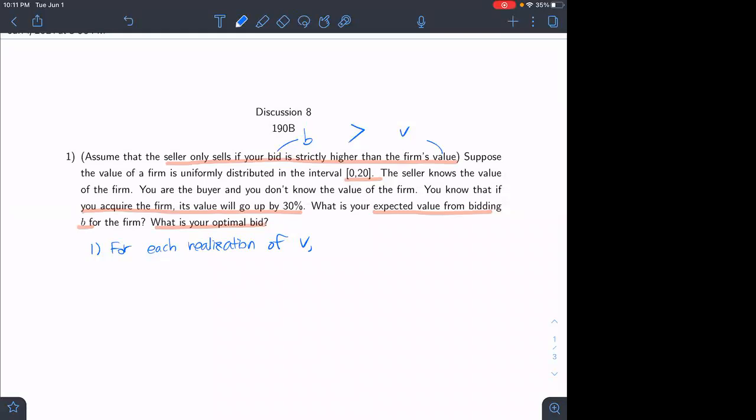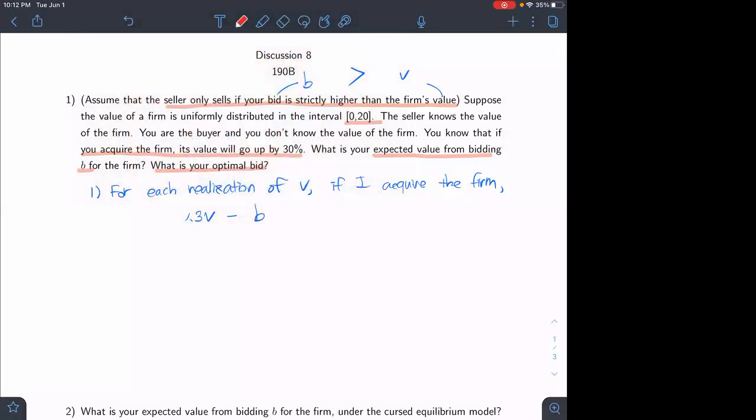For each point of V, if I acquire the firm, then what I can earn is 1.3V minus B. This is what I pay, B. This is the value times 1.3, because we have a 30% increase in the value.